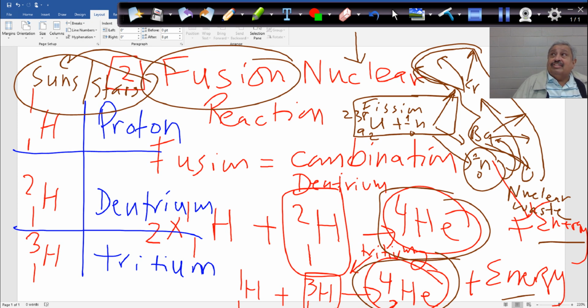Therefore, if we find a technology, an alloy or a combination of elements that can stand the heat out of this reaction, then we can utilize it and it will be a big revolution in electricity. Almost electricity will be what? Will be free for the whole earth, because that's a very simple reaction utilized every day, every second, every minute in the suns and stars.